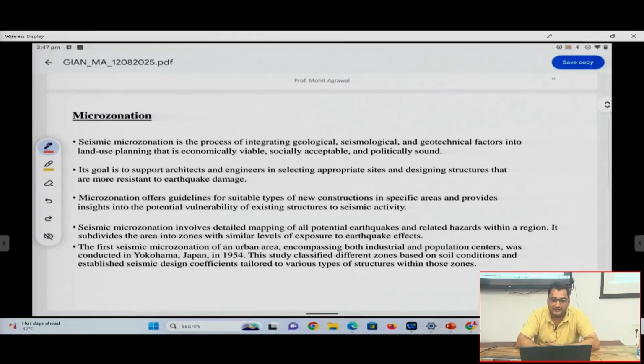Now here comes the micro zonation. Okay, in the micro zonation, you take into account several factors or input parameters provided by geologists or seismologists.